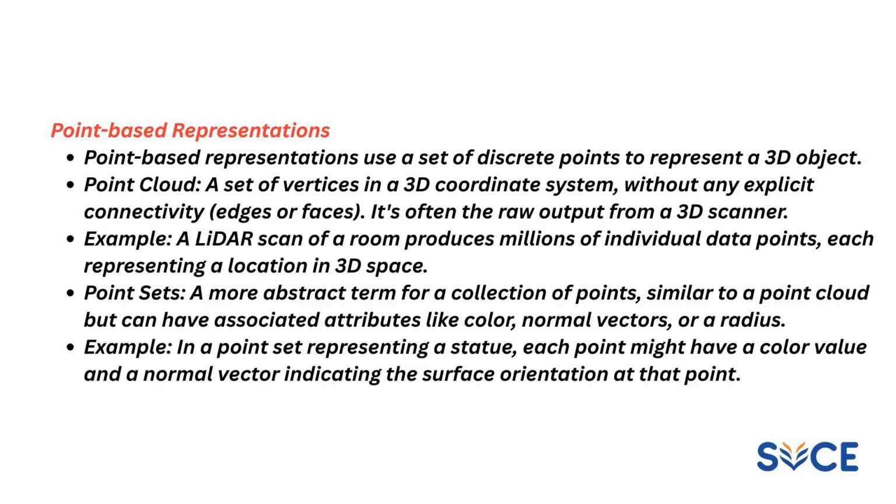For example, a 3D scan of a statue might use a point set where each point carries both the color value for surface detail and a normal vector indicating the surface direction at that location. So this allows for more accurate rendering and reconstruction.